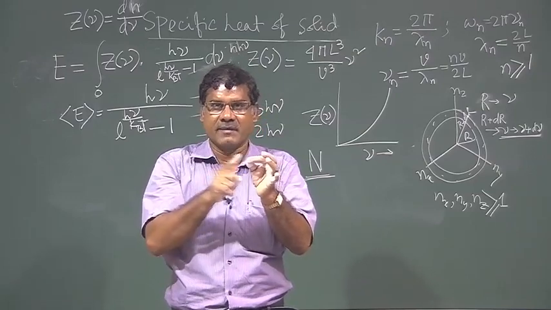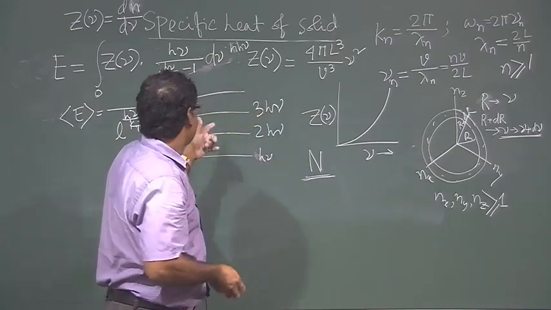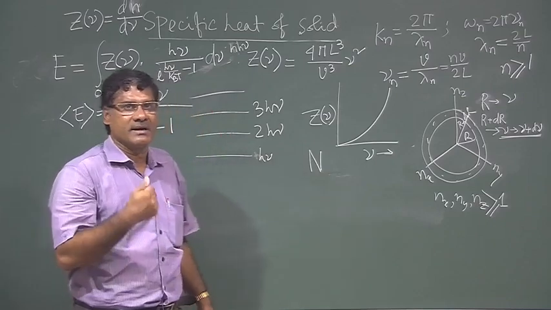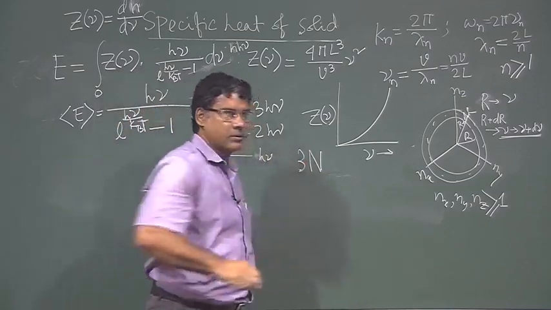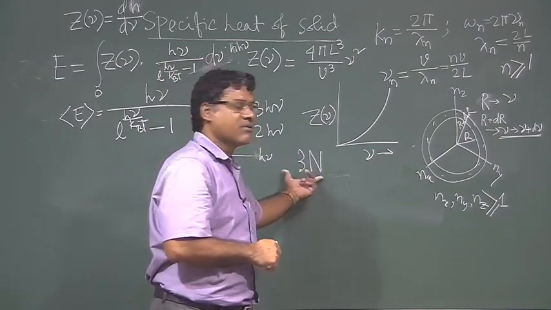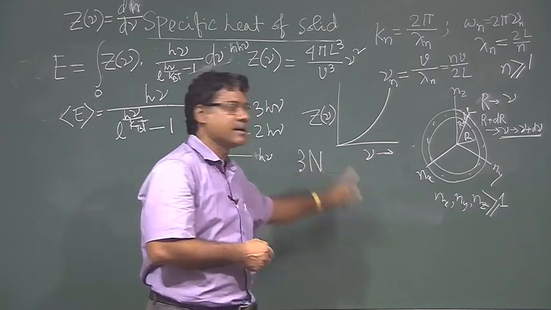Okay, in 3 dimensions, along the x, along the y, along the z. So each mode has 3 degrees of freedom, so that is why this will be the total number of modes. Means the total number of frequencies cannot exceed 3N.